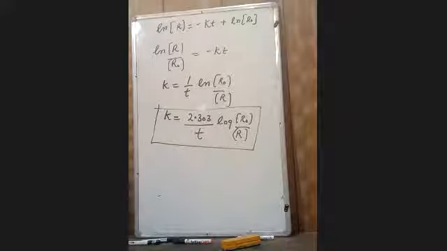And for zero order kinetics, k is equal to R naught minus R over t. The common example for first order is hydrogenation of ethene. Hydrogenation means addition of hydrogen to an unsaturated compound to convert it into a saturated one. You learned this reaction in class 10th chemistry.